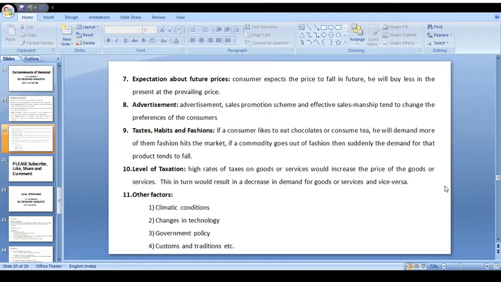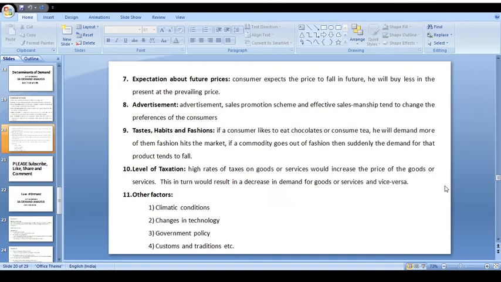Similarly, when a new fashion hits the market, consumers demand that particular type of commodity. If a commodity goes out of fashion, then suddenly the demand for that product tends to fall.